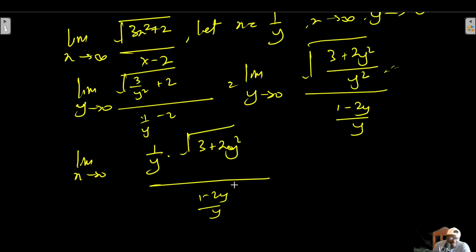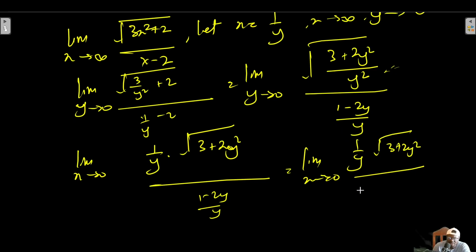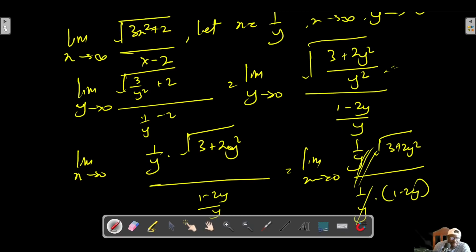Now, some terms can cancel out. The 1 over y here can cancel the 1 over y also here. So let me write it properly. I can also factorize 1 over y in the denominator. So 1 over y multiplying 1 minus 2y. So this cancels this. Then what do we get?